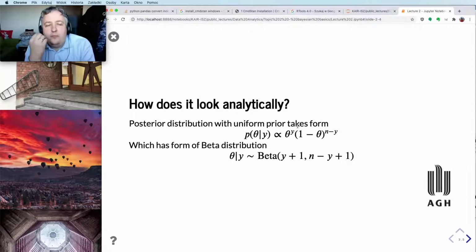Okay, so let's focus on how the situation looks in here. We are focusing on a situation that we have no prior knowledge about theta. So we just assume that theta can take any value except the fact that it's a value between 0 and 1 because that's where likelihood holds.